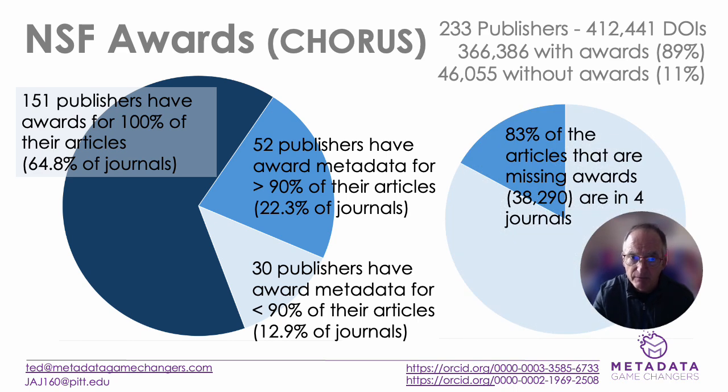And it turns out that most of the articles that are missing awards, 83% of them, are only in 4 different journals. So the target for improving these partnerships is pretty small. We can do pretty well by just improving processes and interactions with only 4 publishers.